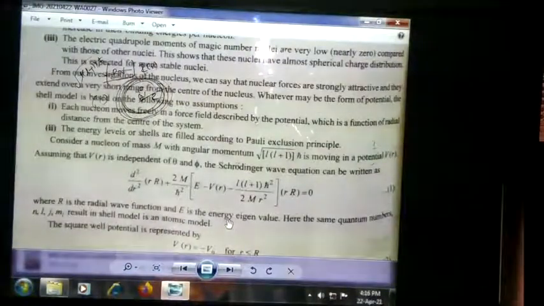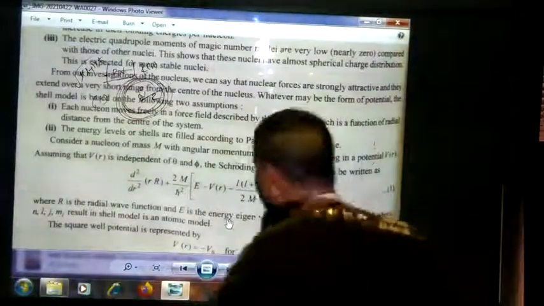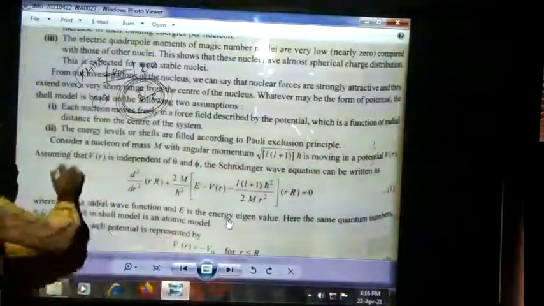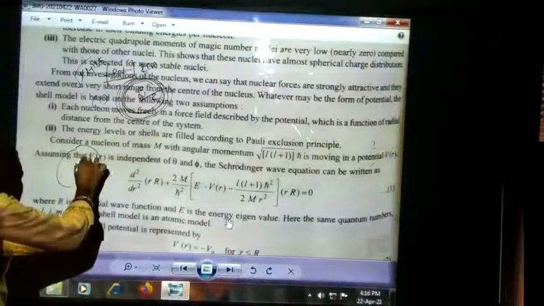Here we are taking the Schrodinger wave equation, with the potential well V of r.